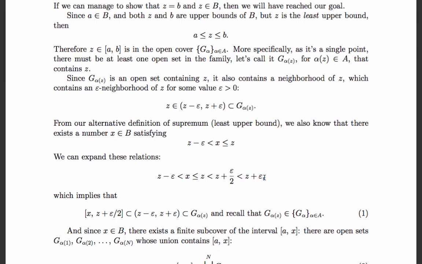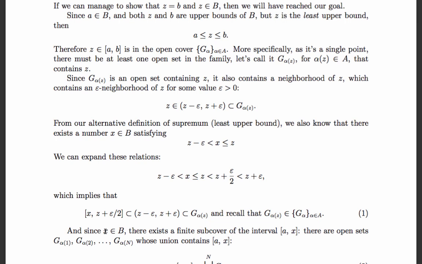That implies the interval x to Z plus half of epsilon is contained in the epsilon neighborhood of Z, which is contained in the open set G alpha of Z. And G alpha of Z is one of the open sets in my family of sets that covers the closed interval A to B.